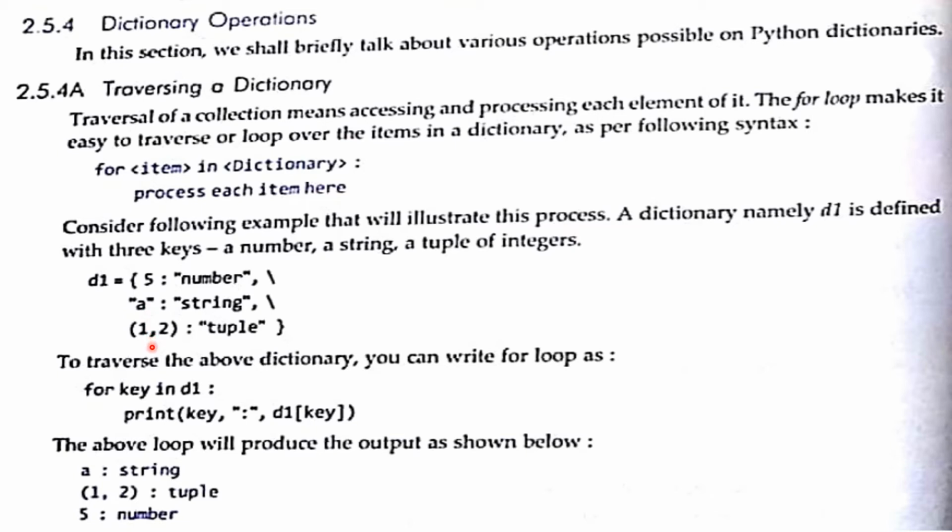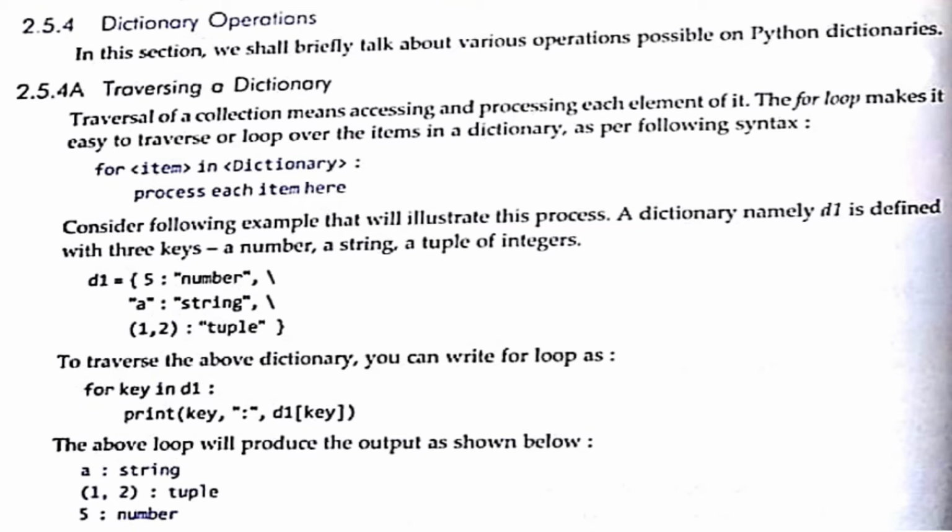So when you traverse, for key in D1, print key and the symbol of colon and key of D1. So this will return a string, 1 and 2 tuple, and 5 is a number. So that way the output will come, and the output you see here has also come not in order, that is also in an unordered way.